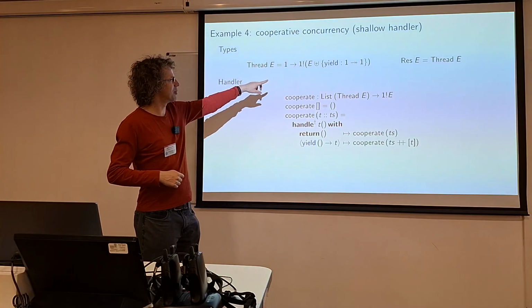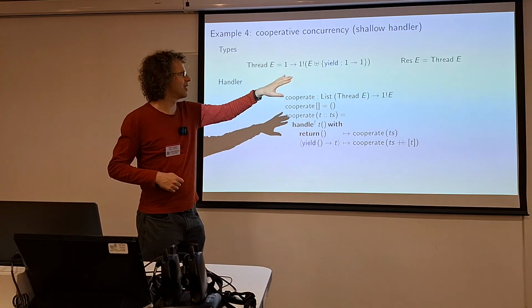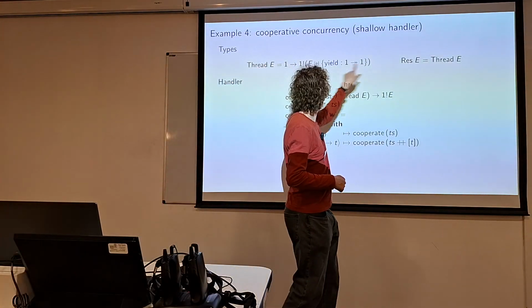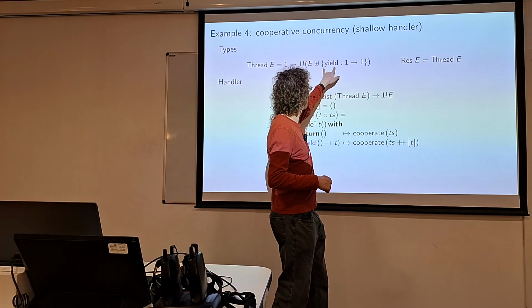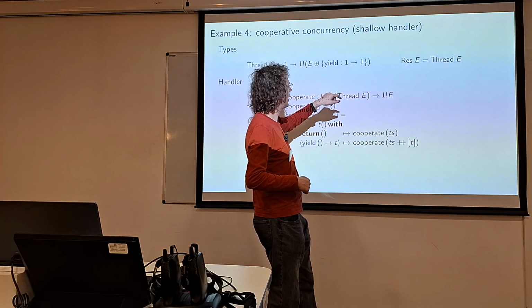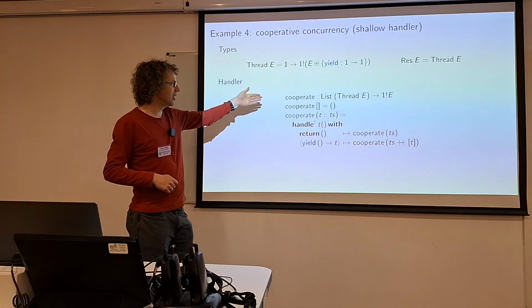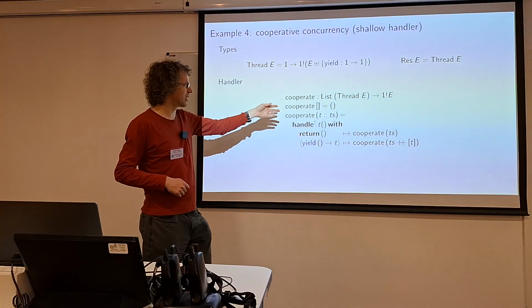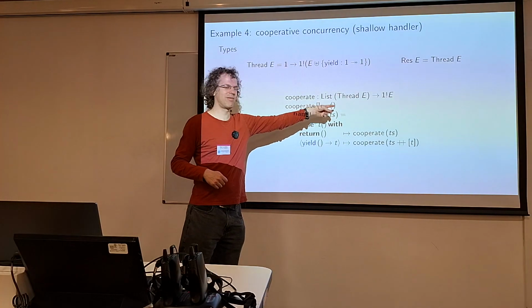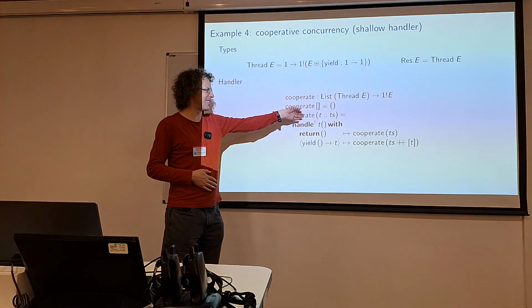And we end up with a situation where the type of threads is the same as the type of the resumptions we're going to get. So in particular, note that the yield effect is still present in the resumption, in the body of the resumption. But this is nice because we can just pass in a list of threads. And in the case that it's empty, well, you just stop.